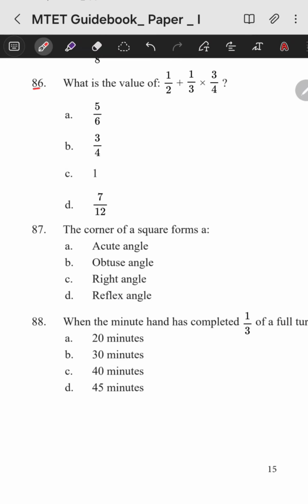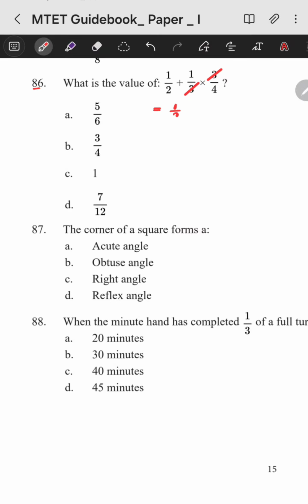Next question number 86, they ask here, what is the value of 1 by 2 plus 1 by 3 into 3 by 4? Here, as you know, first of all we have to simplify the multiplication part. If you see here, the 3 and 3 we can cancel, numerator and denominator.